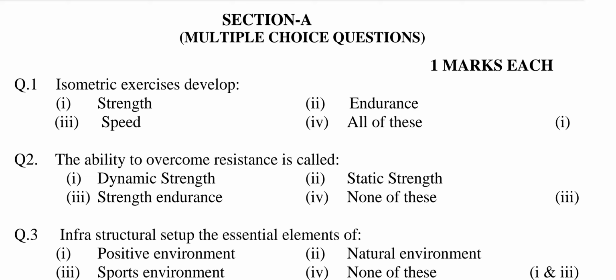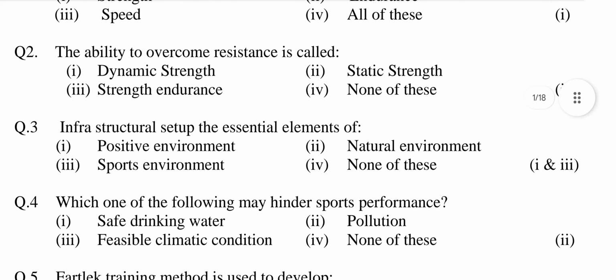Question number 3. Infrastructural setup: the essential elements are option first, positive environment; second, natural environment; third, sports environment; fourth, none of these. Answer is option first and third, positive environment and sports environment.